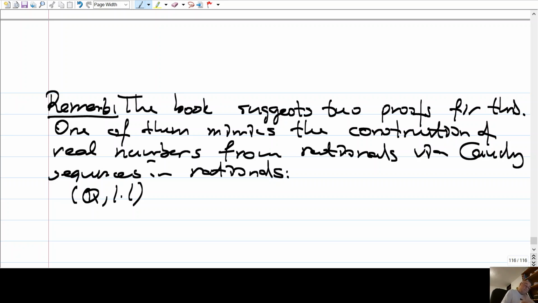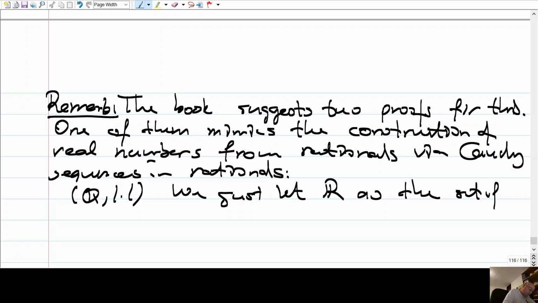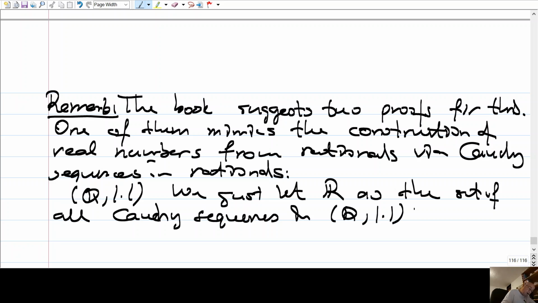So we just let R be the set of all Cauchy sequences in Q up to equivalence.